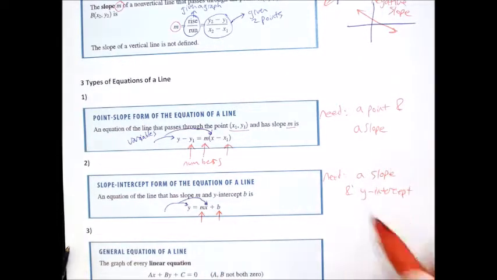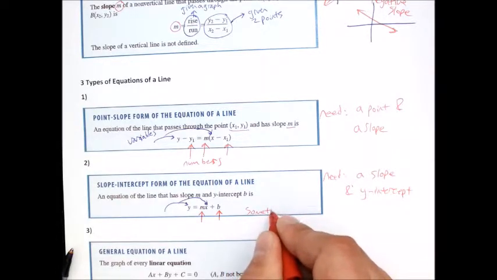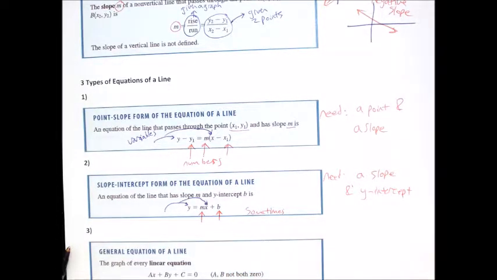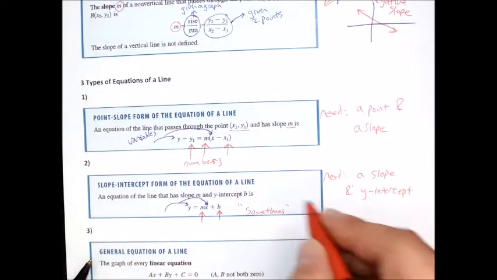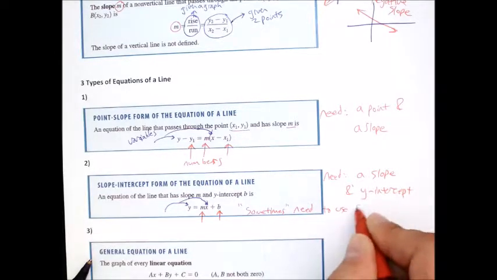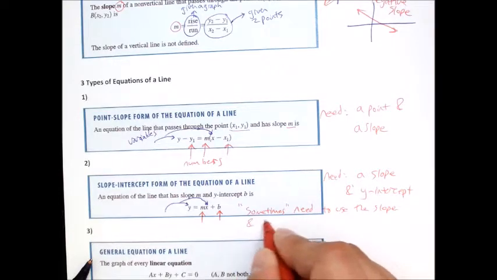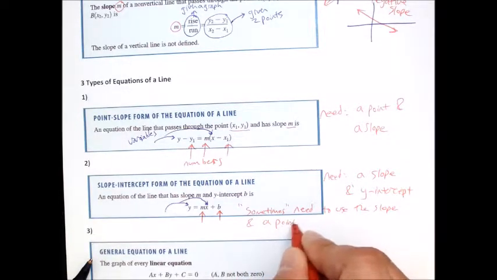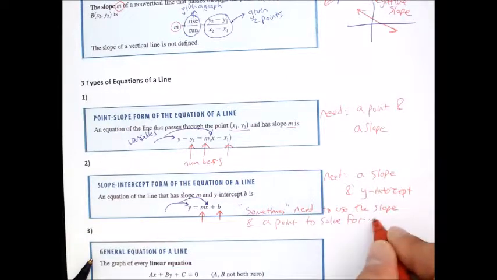I'm just going to make that note here, and I recommend you write this down because I say sometimes, but it's usually all the time. Sometimes you need to use the slope and a point to solve for the y-intercept.